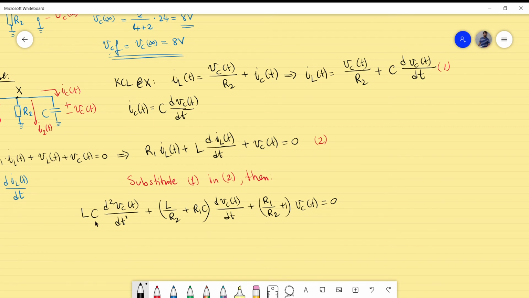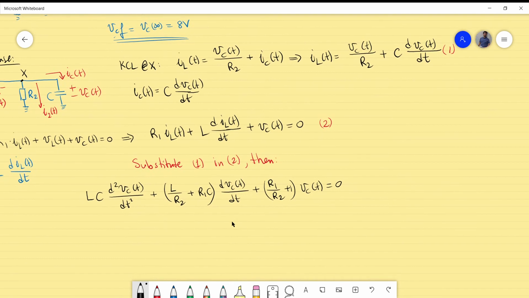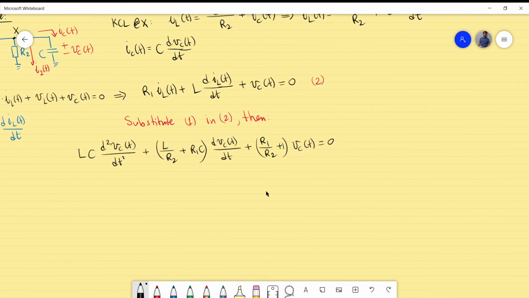So if I now fill in the component values which are given in the example, what do I get? We have the inductance, the capacitance, and the resistors. So let's fill in what we have.